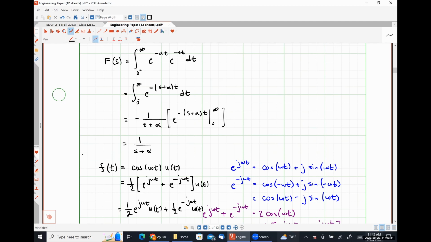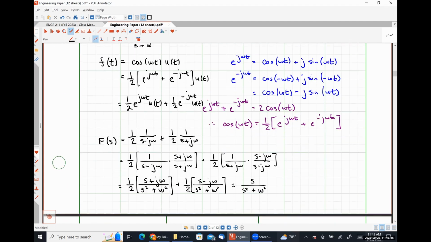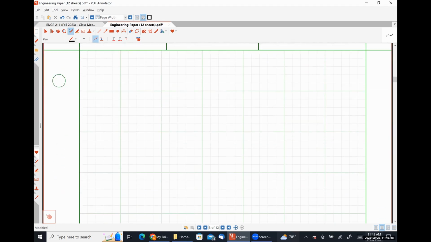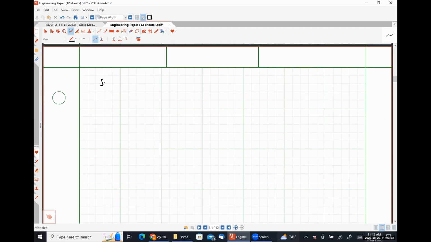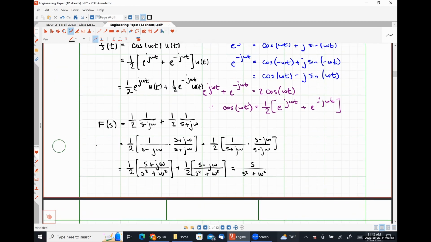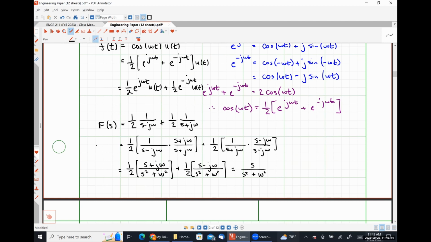Okay, so what if I wanted f of t to be the sine of omega t u of t? So let's look back up here.